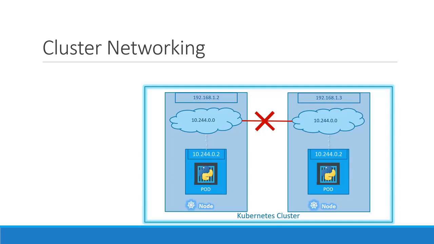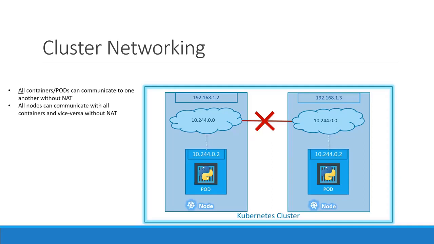Now that's one problem. When a Kubernetes cluster is set up, Kubernetes does not automatically set up any kind of networking to handle these issues. As a matter of fact, Kubernetes expects us to set up networking to meet certain fundamental requirements.